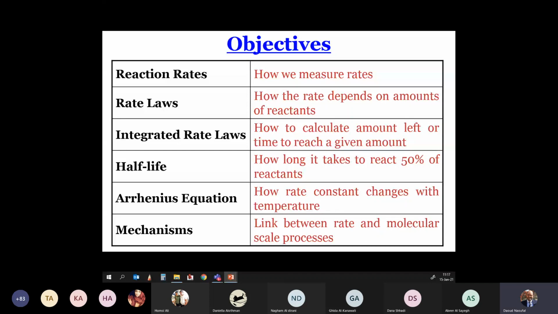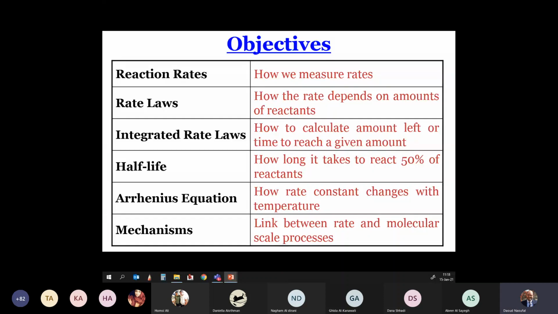The main objective of chemical kinetics is to write what we call the rate law, to find the expression called the rate law expression that relates the rate of the reaction to the previous factors that affect this rate: the temperature, the concentrations, the catalyst, the surface area, the pressure.